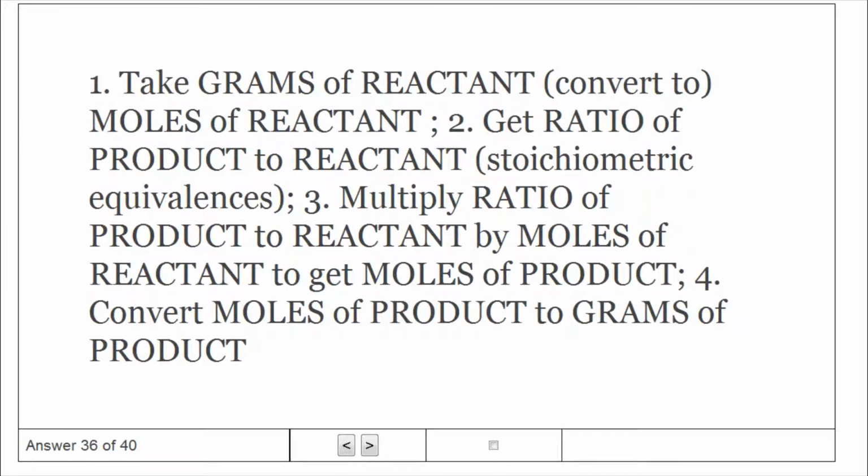One, convert grams of reactant to moles of reactant. 2. Get the ratio of product to reactant. 3. Multiply the ratio of product to reactant by moles of reactant to get moles of product. 4. Convert moles of product to grams of product.